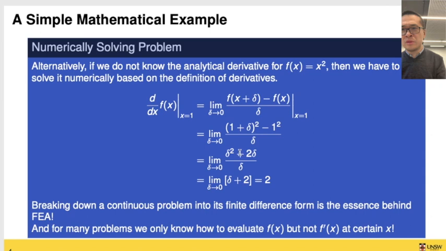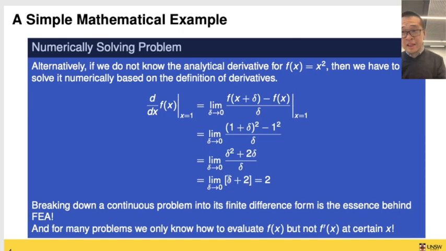That gives you delta squared plus 2 delta over delta. If you expand the bracket and manipulate the expression a little bit, you can simplify it, knowing that delta is not 0. That gives you delta plus 2.